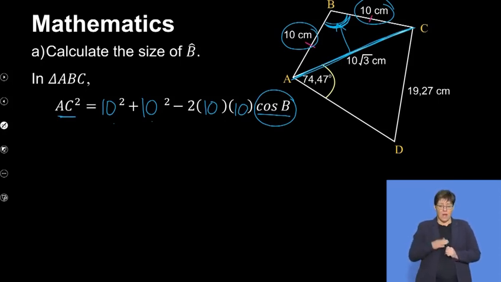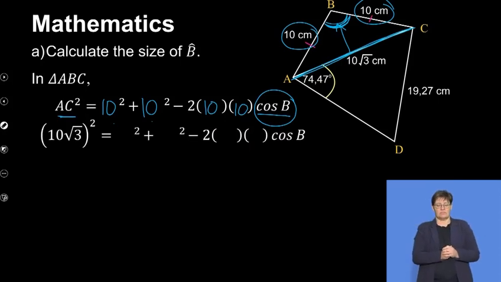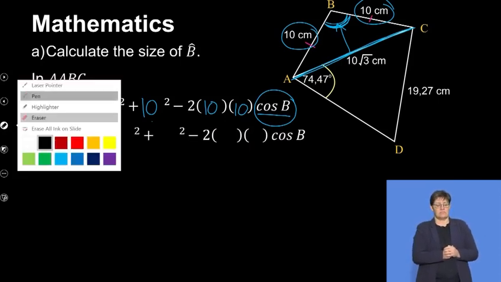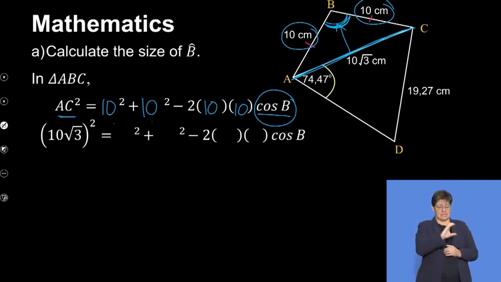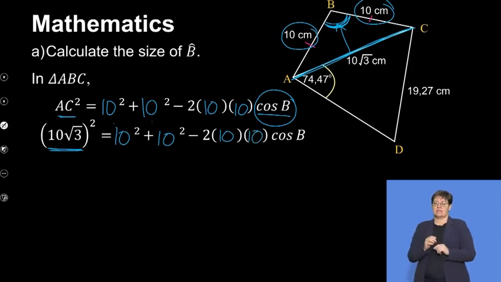But remember, we're looking for B, so we've got to do a little bit of rearranging, okay? We've got to substitute AC squared, because that's the other known value we have. So we're going to substitute AC was 10 root 3, so we substitute that in. So AC squared is equal to 10 squared plus 10 squared minus 2 times 10 times 10 cos B. Okay, let's just do some algebra quickly.